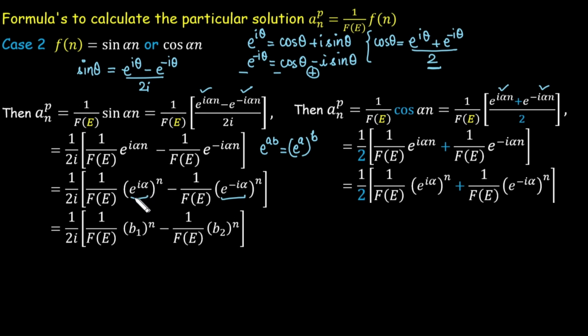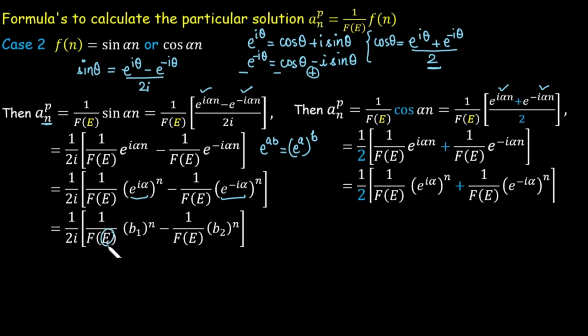So the value of b1 is equal to e raised to power iota alpha, b2 is equal to e raised to power minus iota alpha. As it is a constant, it is not depending upon the index n. So it is similar to the now case 1. In case 1, when we have constant raised to power n, what we are doing? We are replacing e with that constant, and the same step we are going to follow in this case.